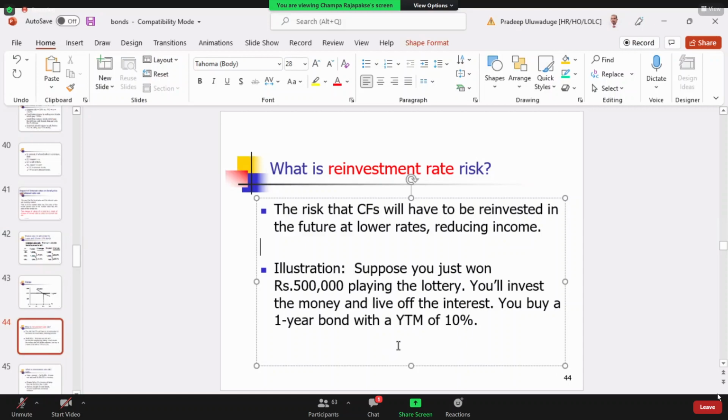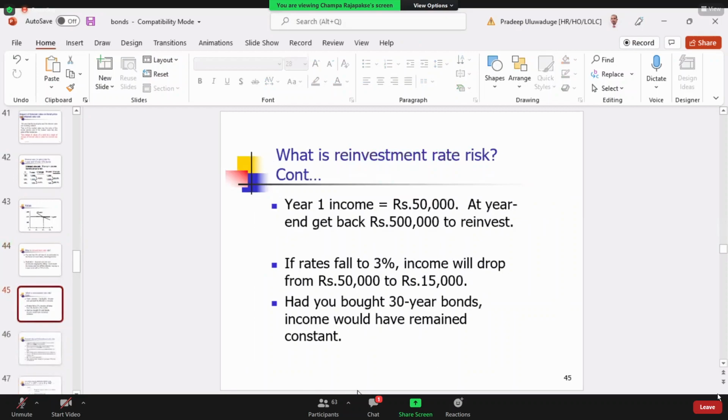Illustration. Let's look at this example. Suppose you just won 500,000 playing a lottery. You will invest the money and live off the interest. You buy a 1-year bond with a YTM of 10%. So your year-one income at 10% on 500,000 will be 50,000.